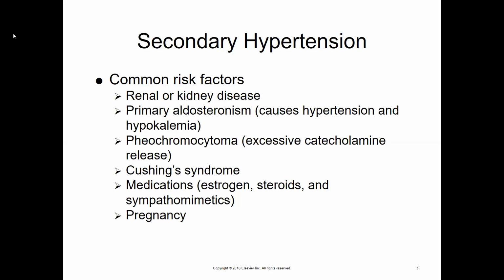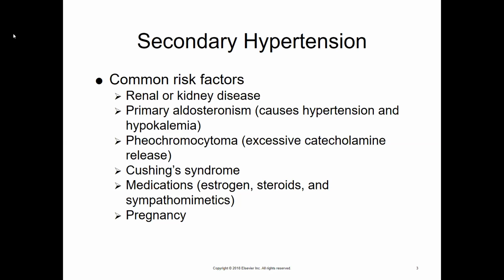Primary aldosteronism, and then you can read the rest. Cushing's syndrome. Some medications like estrogen, when we talked about birth control pills, estrogen can cause high blood pressure. Steroids. Also, some people get gestational diabetes, or hypertension, so they can just have hypertension when they're pregnant.